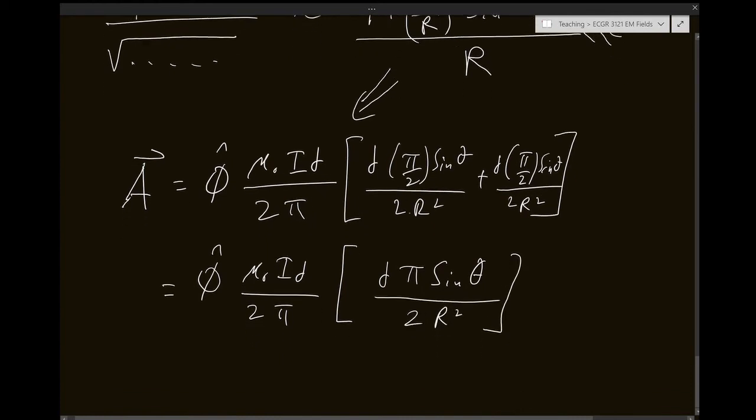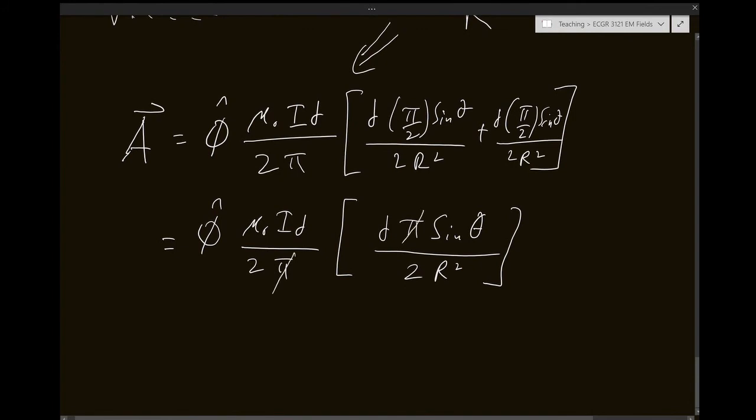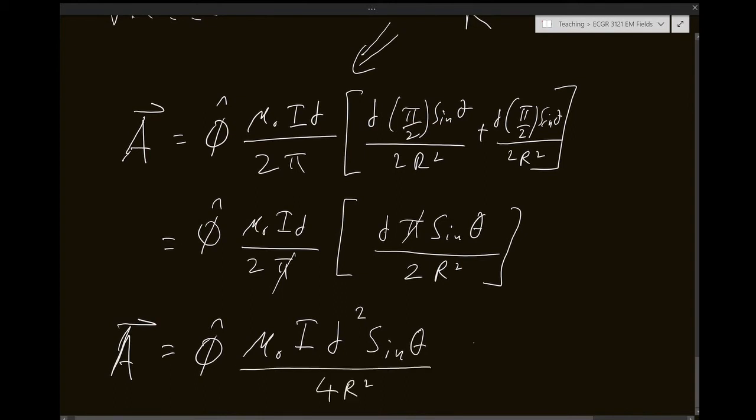There will be a 2 that cancels out with the 2 in the denominator, and then the pi over 2 has a 2 in it, which shows up there. So notice the pi cancels with the pi. So I end up with A being phi hat mu naught I d squared sine theta over 4r squared Weber per meter.